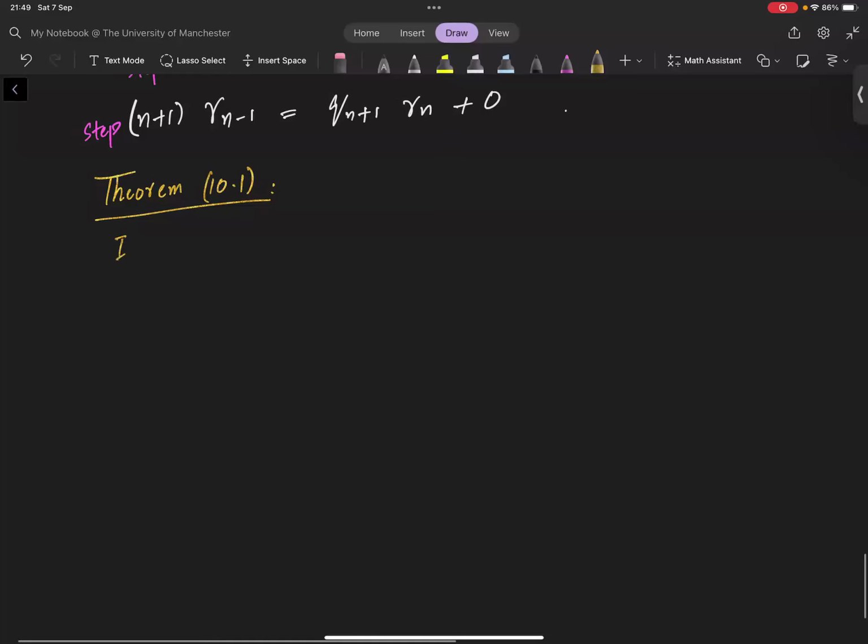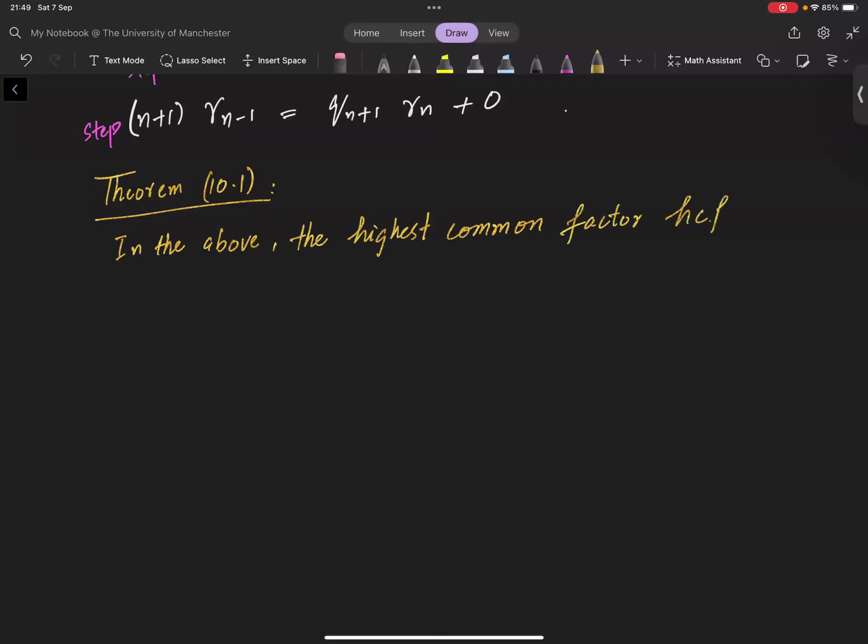So in the above, the highest common factor HCF of A comma B is equal to Rn, the last non-zero divisor.